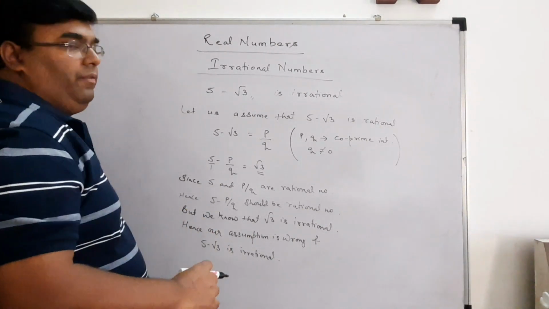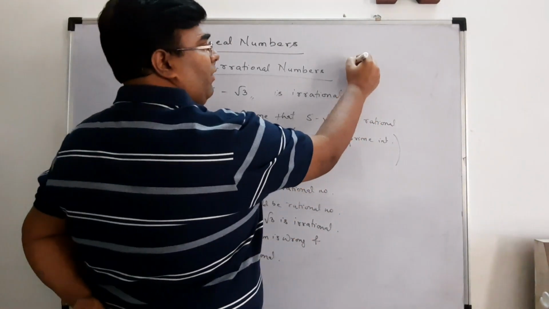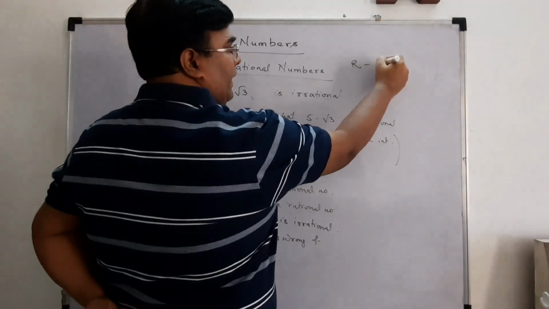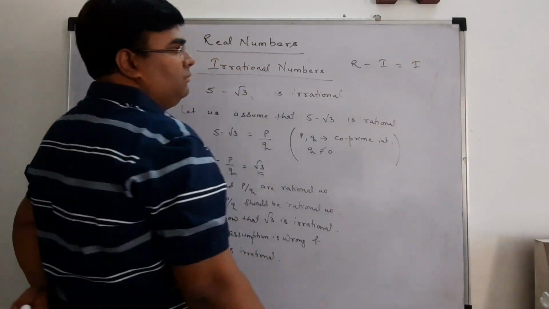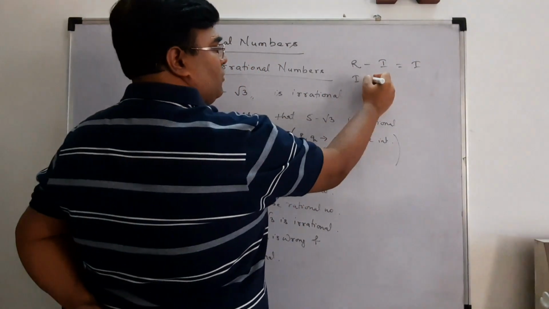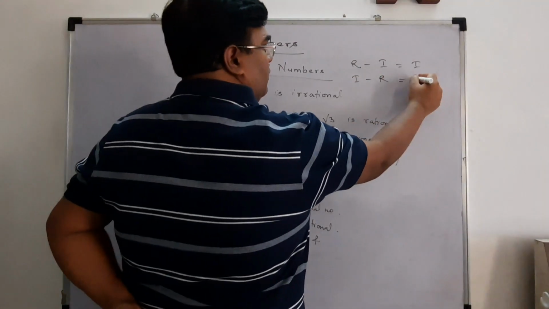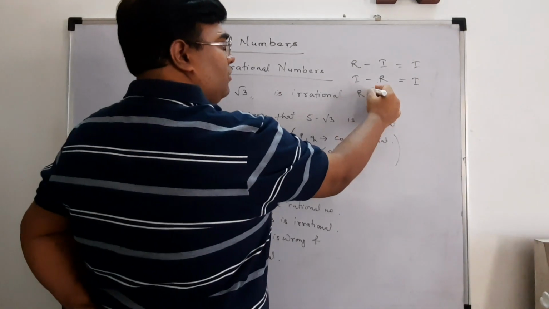So in this we have come to a property which is rational minus irrational will always give you what? Irrational. Or you can write it like this also, right? Even plus also.